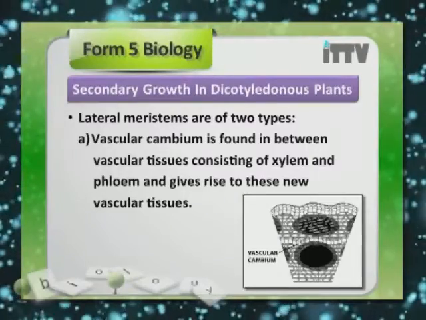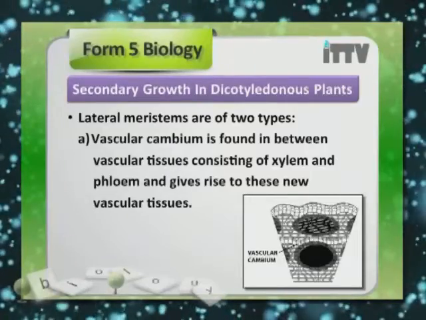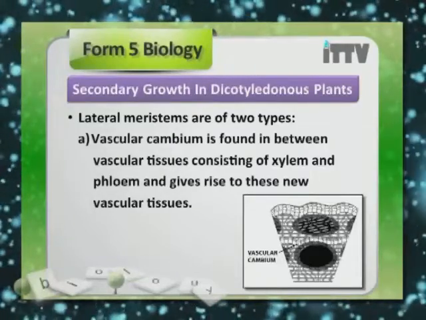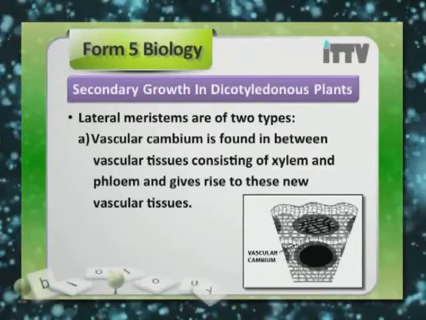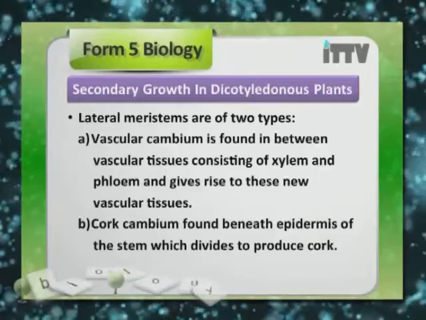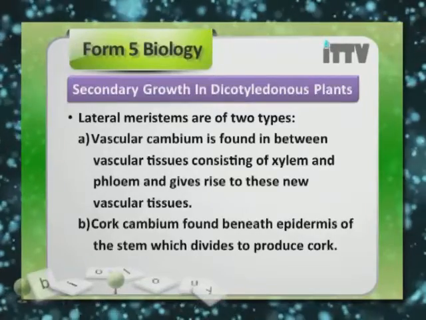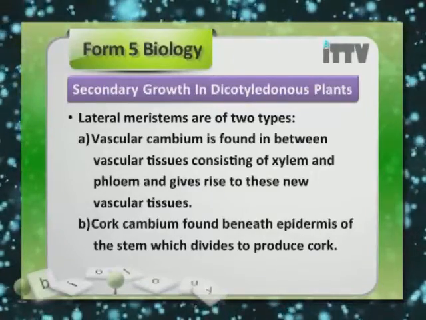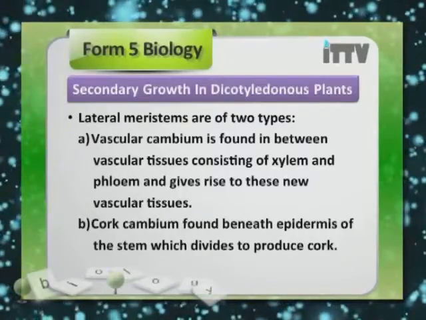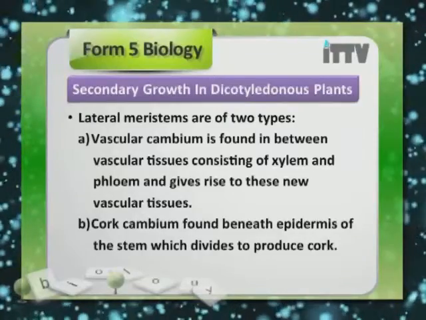You have the vascular cambium, found in between vascular tissues consisting of xylem and phloem, and gives rise to these new vascular tissues. Whereas you also have the cork cambium, found beneath the epidermis of the stem, which divides to produce cork.